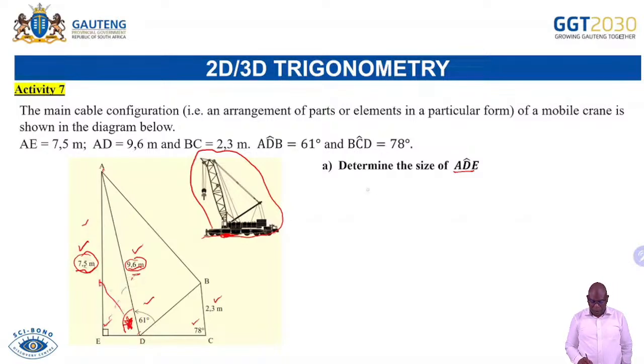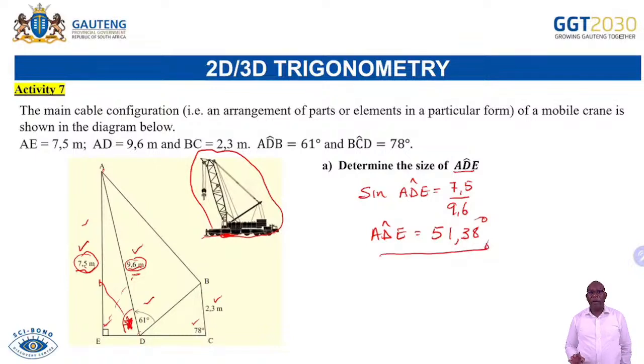So sine of angle ADE is equal to the opposite over the hypotenuse. Then ADE is shift sine 7,5 over 9.6. The answer there will be 51.38 degrees.